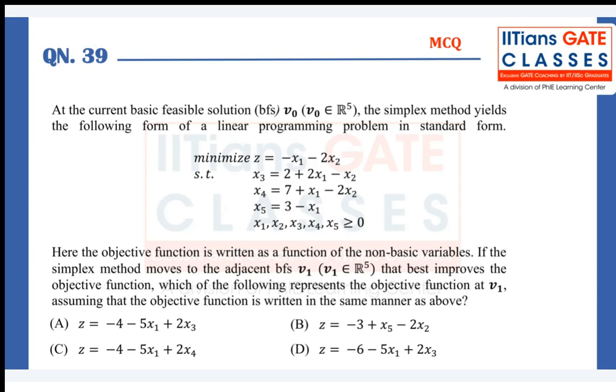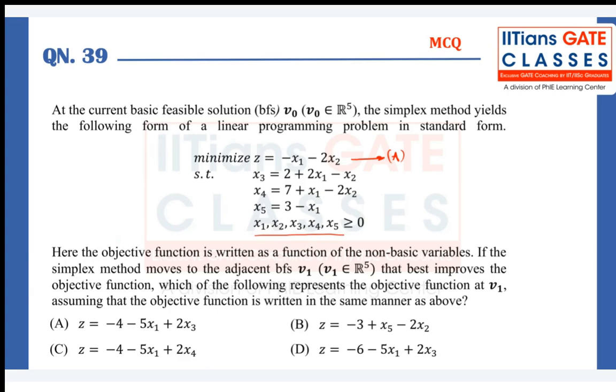Minimize z, the objective function is given. This is our objective function. Now the constraints are given: x3 = 2 + 2x1 - x2, x4 = 7 + x1 - 2x2, x5 = 3 - x1, and x1, x2, x3, x4, x5 are greater than or equal to 0.